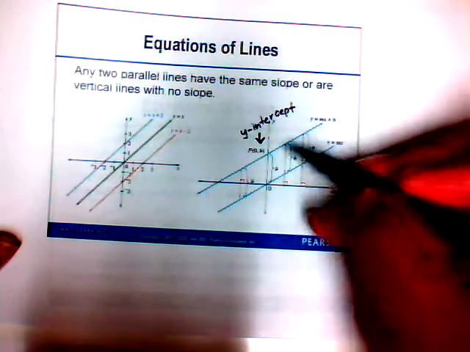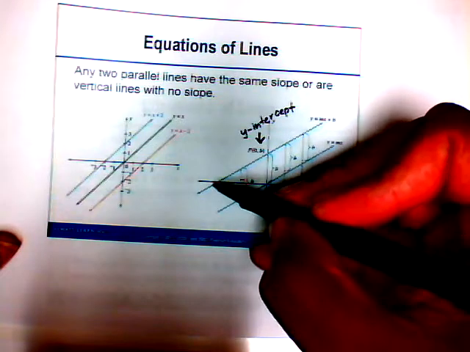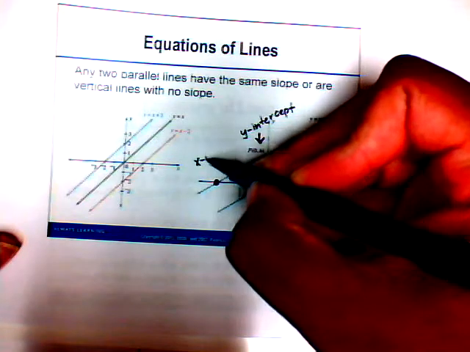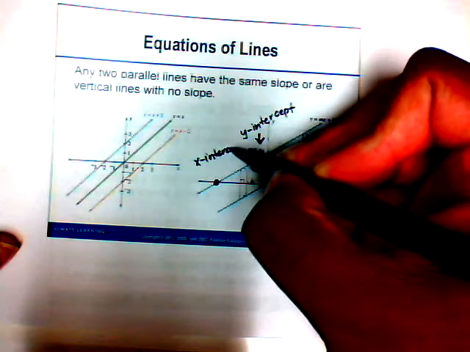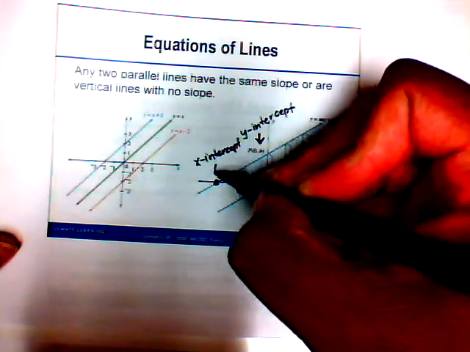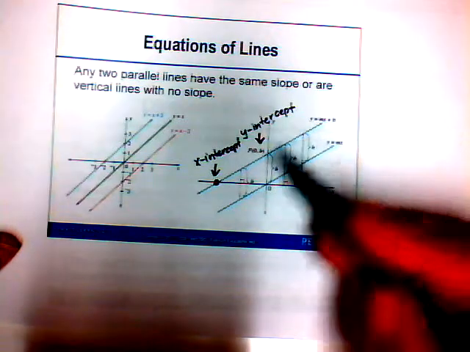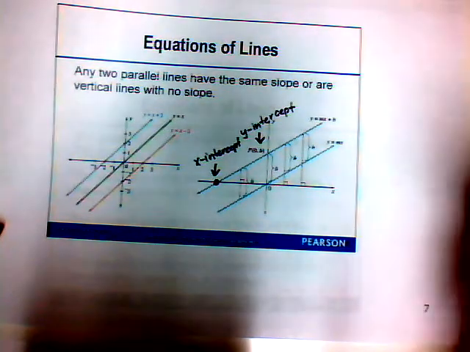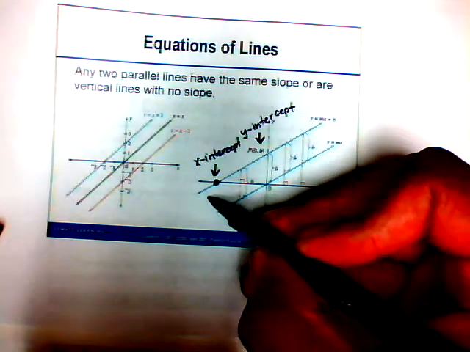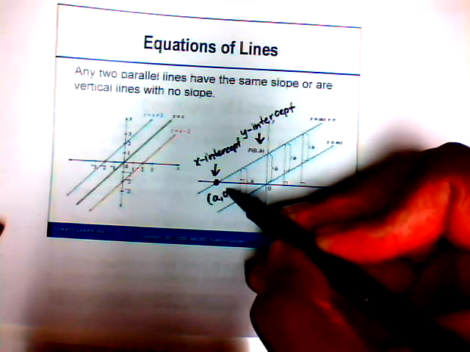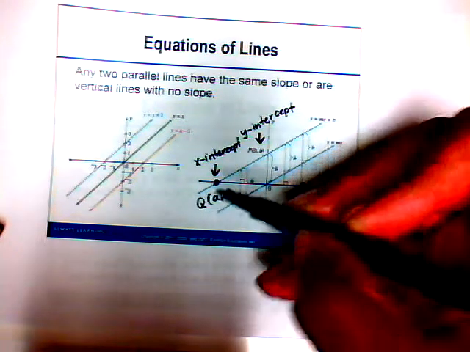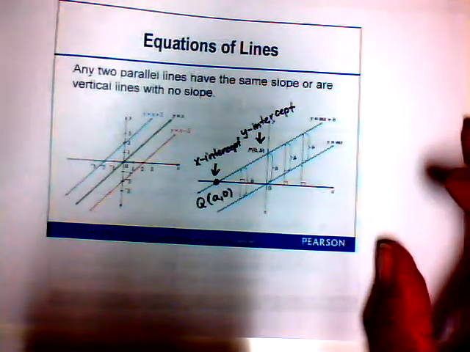And if this line crosses the x-axis right here, this point right here, that's going to be your x-intercept, because that's the point where the graph crosses the x-axis. Okay, so it's two different points here. We can call this here A, 0, and label this as, let's say, Q. You can use any letter if you want.